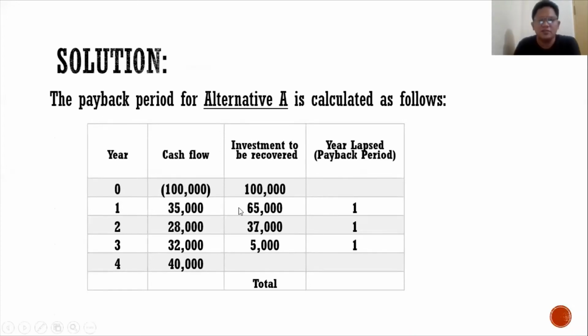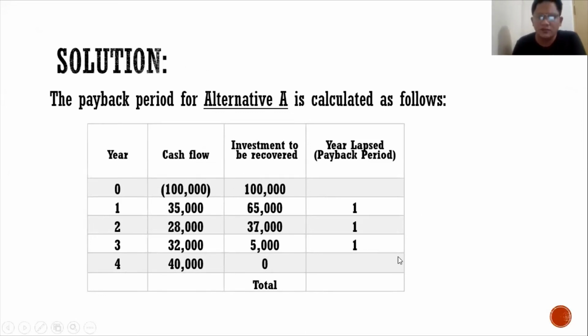Observe that the investment to be recovered is lower than the cash flow for the year. Therefore, our investment to be recovered here is now 0. That means it's fully recovered. The 100,000 is fully recovered by the 4th year. This 5,000 didn't have to wait for the whole period to be recovered.